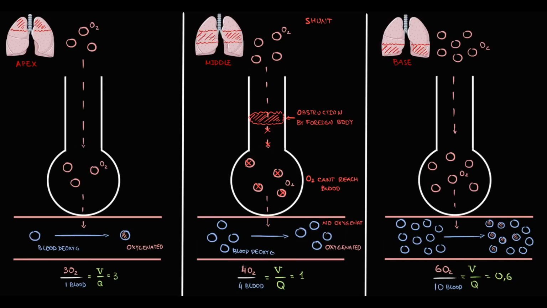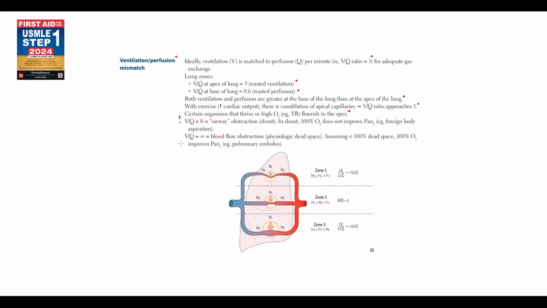So instead of 4 oxygen units that reach the alveoli, now there are 0 oxygen units, which gives a VQ ratio of 0. And interestingly, additional oxygen does not help here, because this extra oxygen cannot reach blood due to the obstruction of the airways.